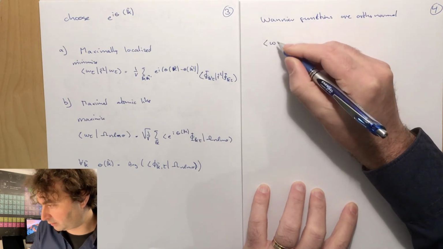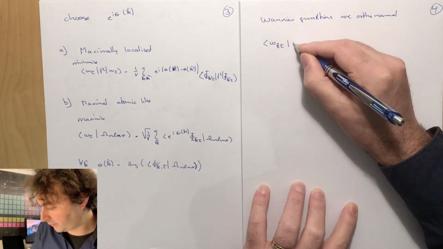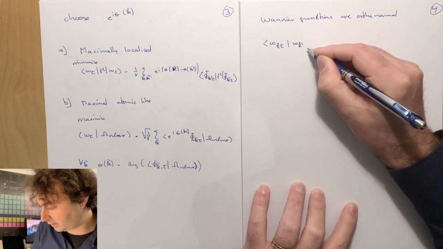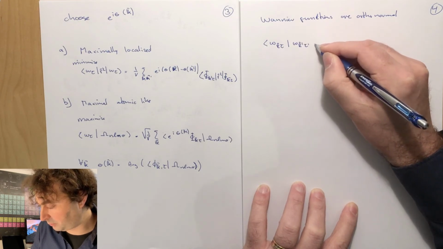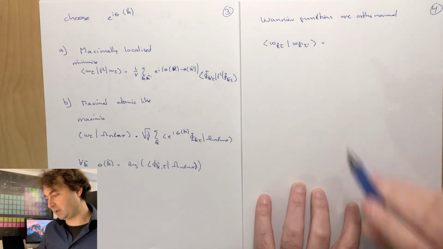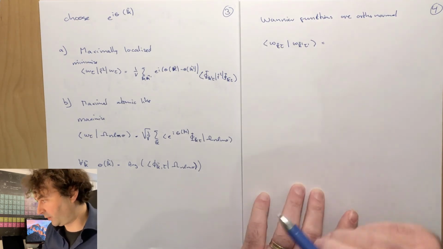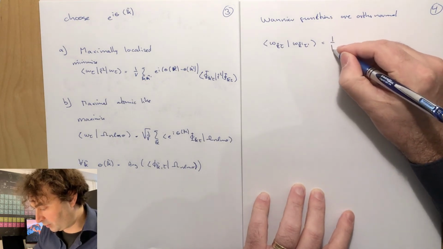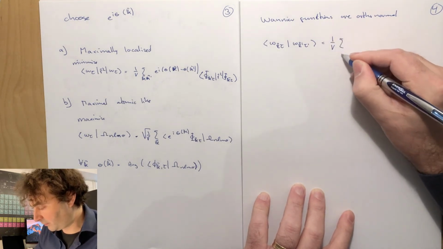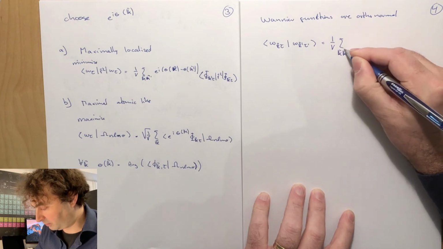We have our Wannier function sitting at site R with quantum number tau, and a Wannier function sitting at site R prime with quantum number tau prime. And the statement is that their inner product is a delta function between R and R prime and between tau and tau prime. So this is 1 over V, the sum over the crystal momentum of one and the other.